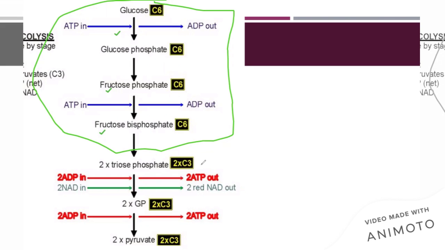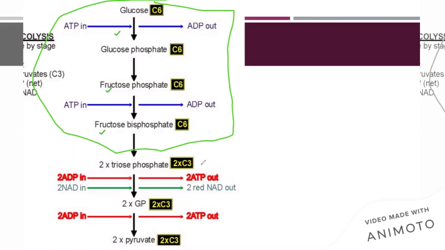So the oxidation of the 2 triose phosphate will produce 2 ATP and 2 protons will be given up. Those 2 protons, remember they are high energy. They will be picked up by the NAD and they will become reduced now. So there are 2 reduced NAD and 2 ATP that are produced.